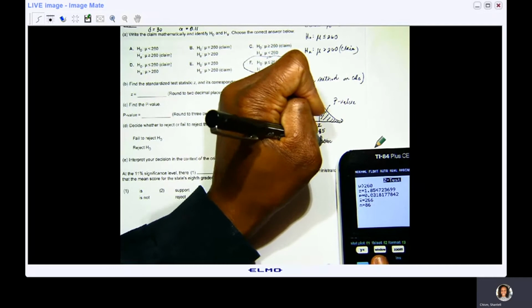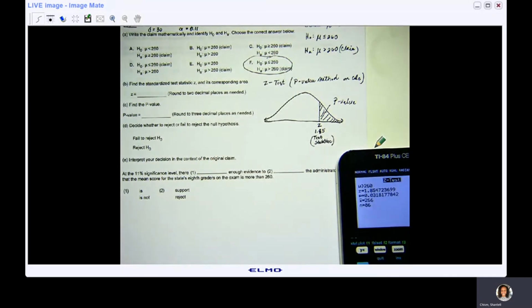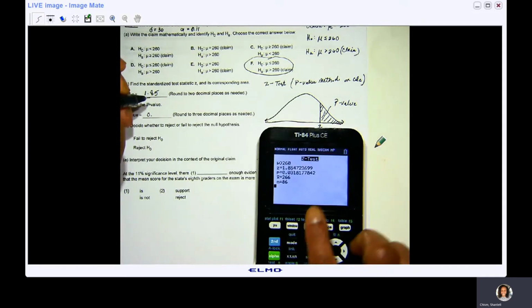Remember that the p-value corresponds to the test statistic. Okay, so our test statistic is 1.85. We also have our p-value. It is 0.032.